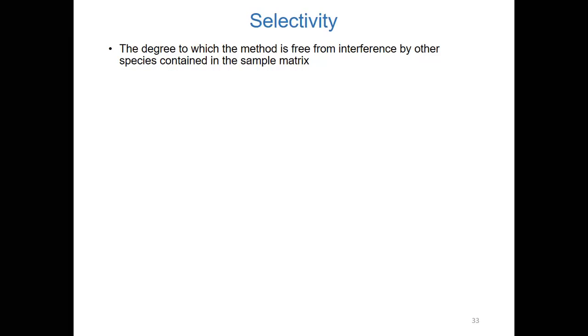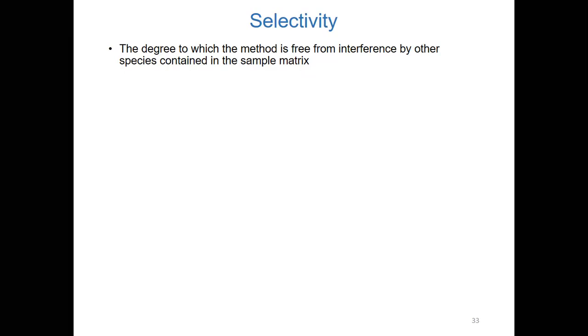Otherwise, we will not get the correct signal if both analyte A as well as the interference B also contribute to the signal. Then we will not end up with the correct information. Therefore, the selectivity is highly important. So the selectivity is the degree to which the method is free from interference by other species contained in the sample matrix.